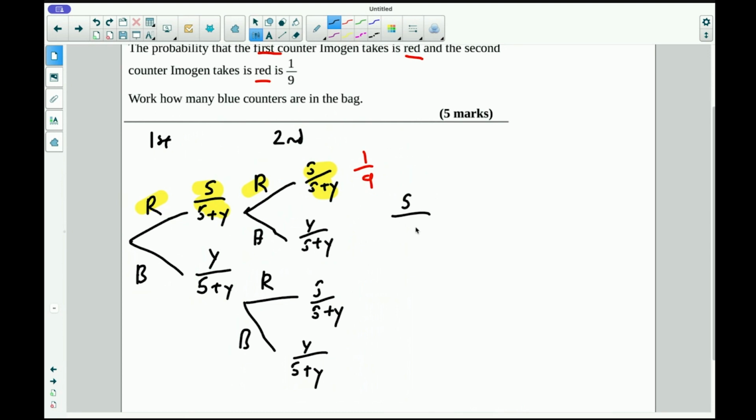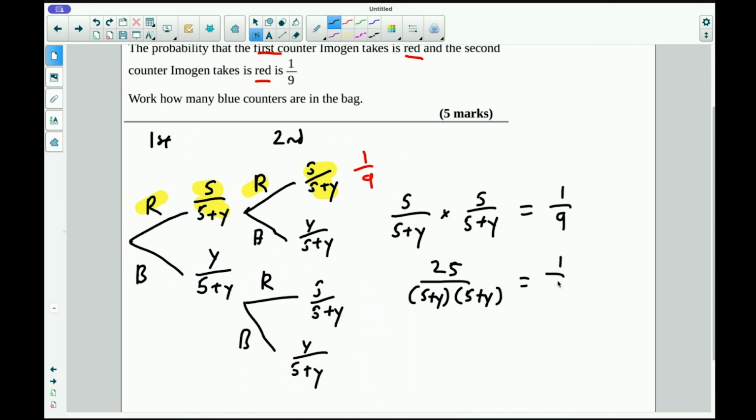So 5 over 5 plus y times 5 over 5 plus y has to equal 1 over 9. So let's multiply. We have 5 times 5 is 25. And then on the bottom, we have 5 plus y times 5 plus y. And that equals 1 over 9.